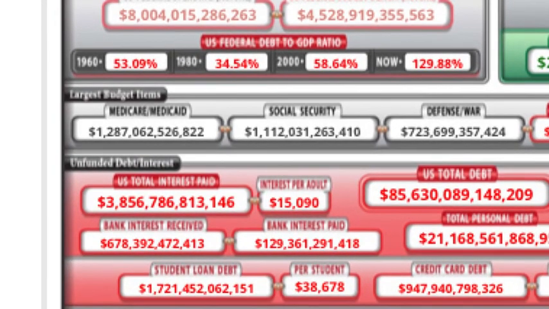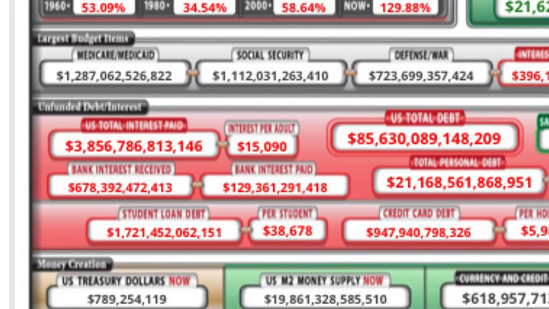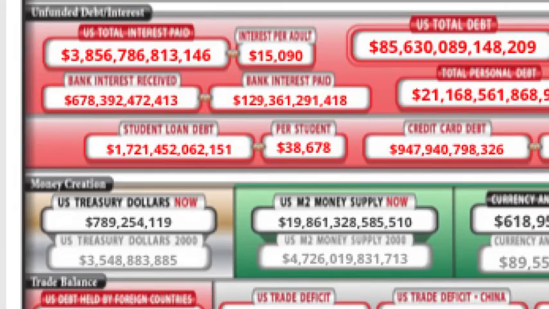Some other information that you may find useful on this one is interest per adult. All right, interest. Now, this says it's unfunded debt or interest. It's not unfunded obligations, though, which is what I was talking about before, which is, of course, money that the U.S. government will owe when people start retiring and other things, okay? However, on this one, we're looking at U.S. total interest paid, which I don't know that it's been paid, but it's part of the debt.